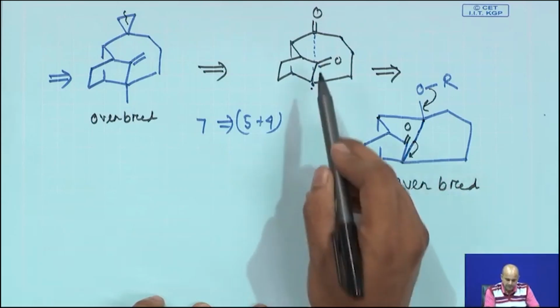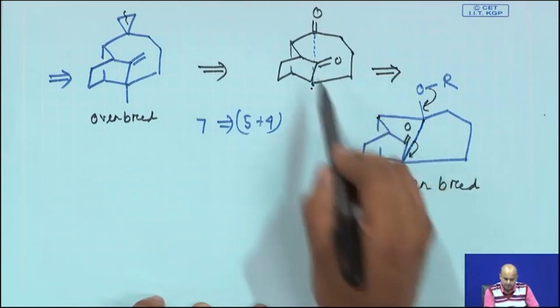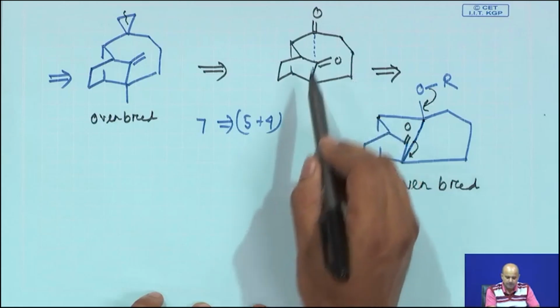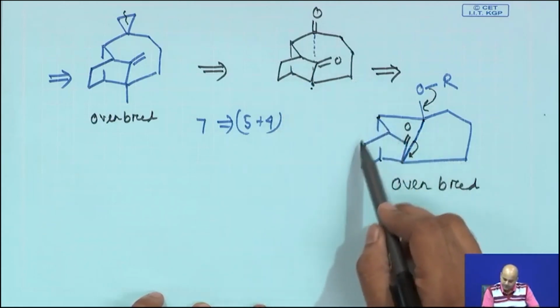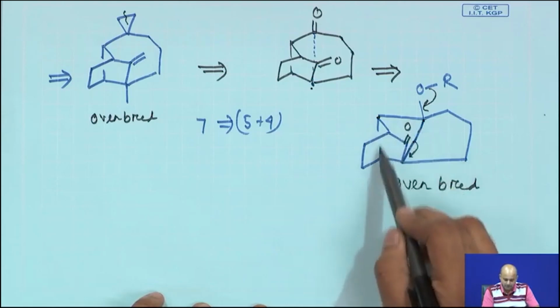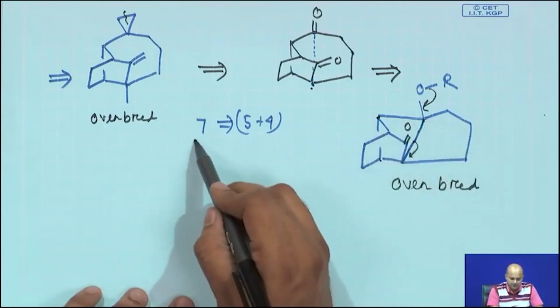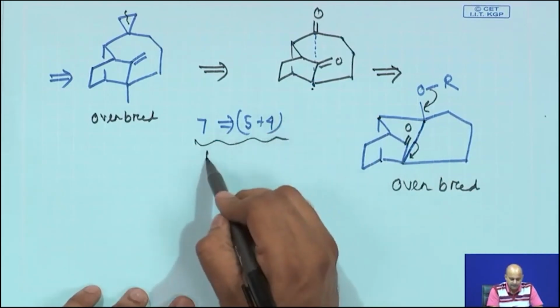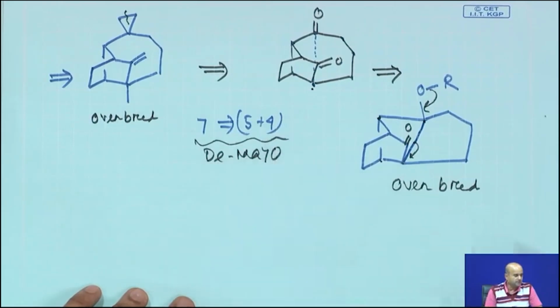This is stabilized by this carbonyl. So, the right hand side 7-member ring we have disconnected through another complex bridge, a 4-member and another 5-member, which basically followed our earlier guideline, and the retro is basically based on a DMAO reaction.